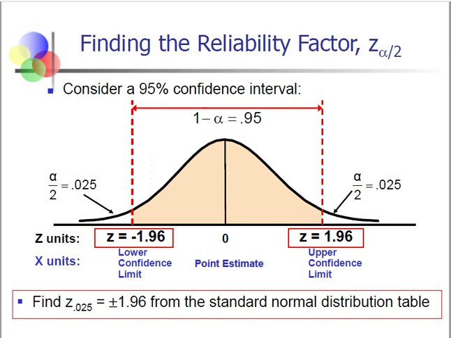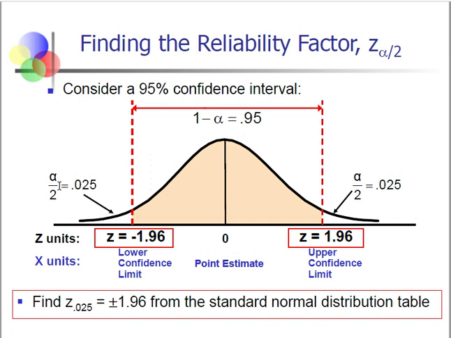So how do we get our Z values? We have already dealt with the normal distribution. Here we are told that the area inside should be 0.95, which is for 95% confidence level. So we subtract this 0.95 from 1, and we see that the area that remains is 0.05.